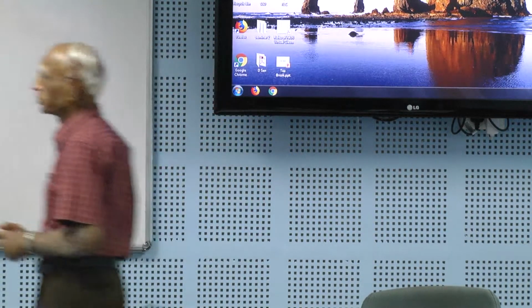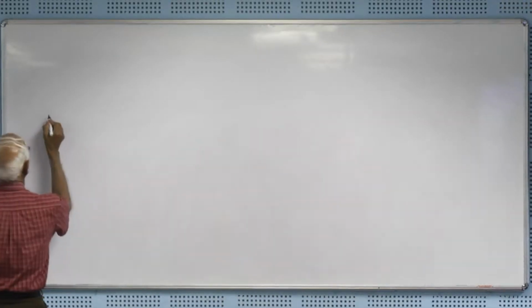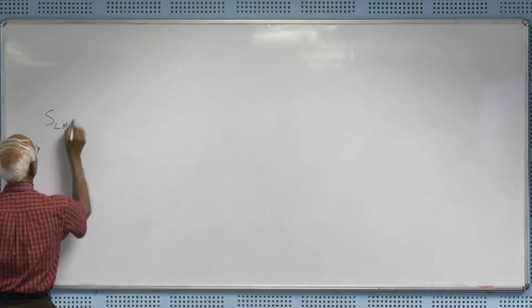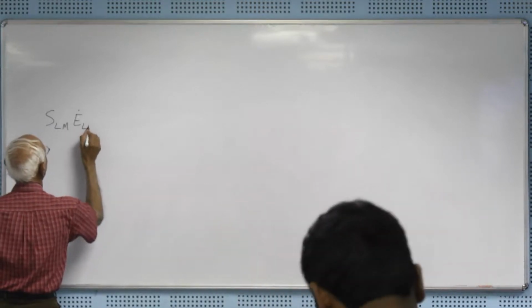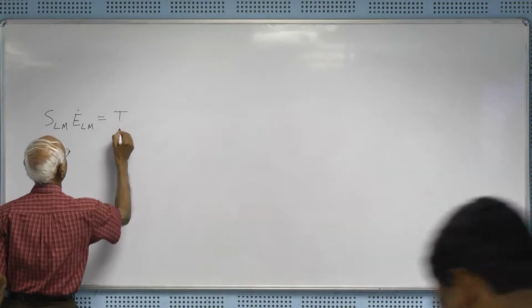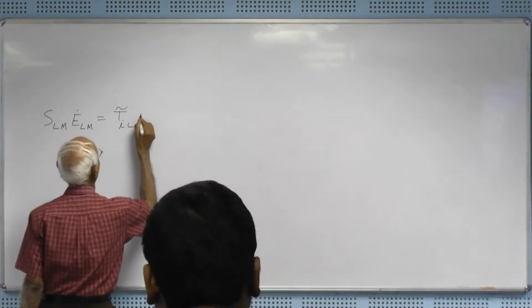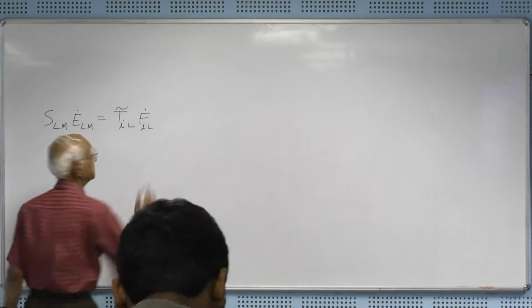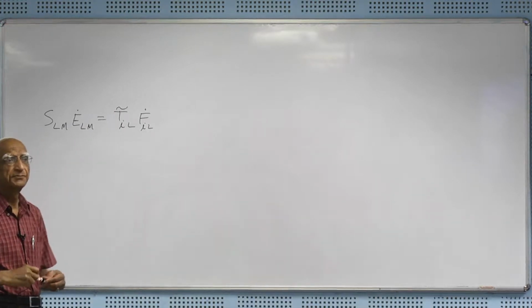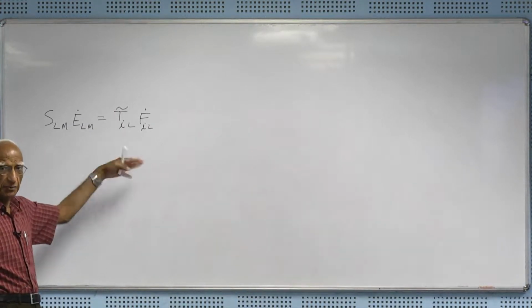Okay, so I refreshed my memory about that thing I did not derive, so I will derive that, and then we will start with the entropy inequality. I think what I was trying to show you was that S_LM E dot_LM is the same thing as T tilde_iL F dot_iL.